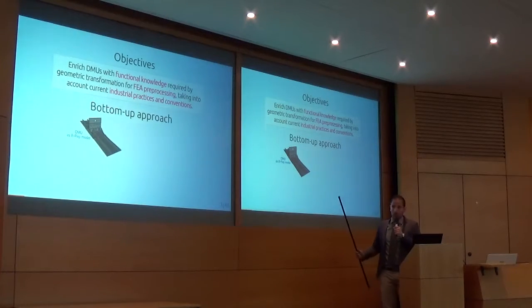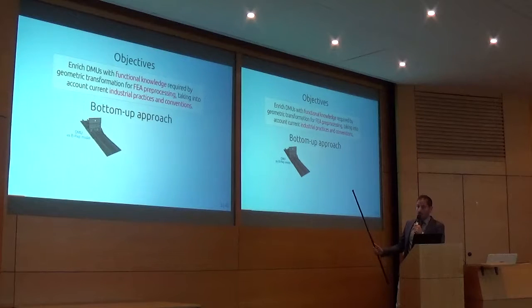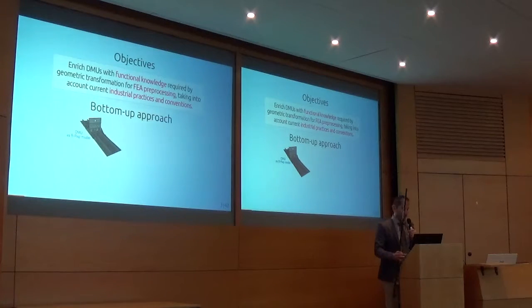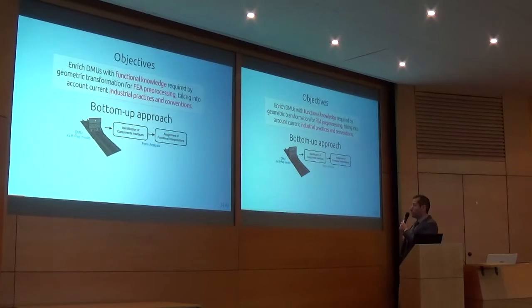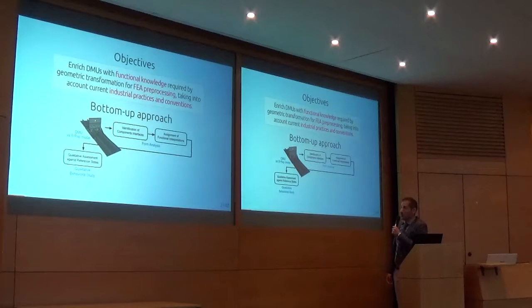The starting point to our approach, as mentioned earlier, is the pure geometry of the DMU. Then we extract the geometric interactions between components, and we try to give them an initial functional interpretation based on pure geometry. Then we assess those interpretations through a qualitative method against mechanical behavior.